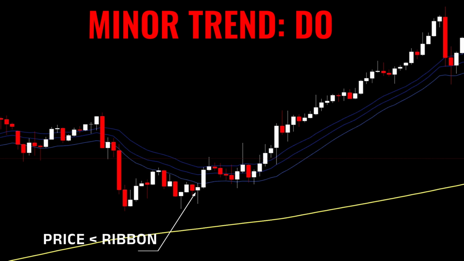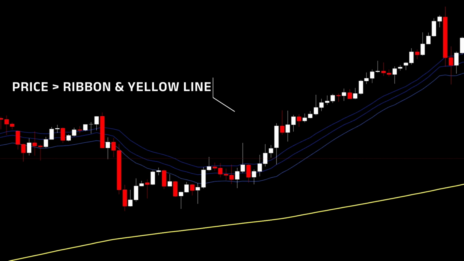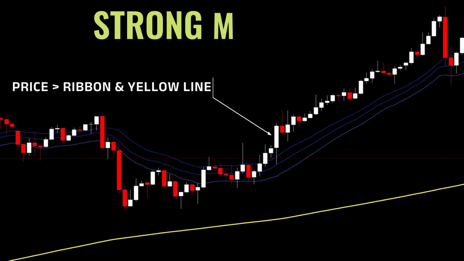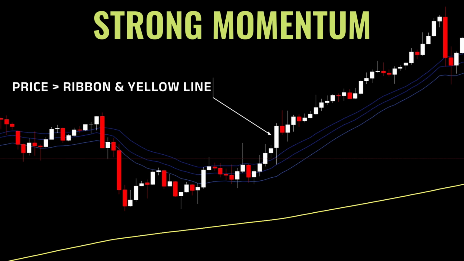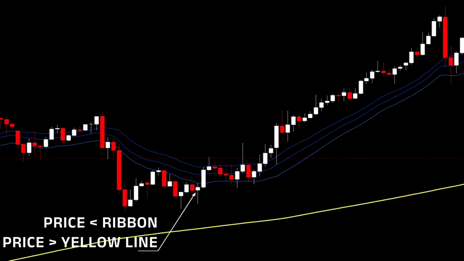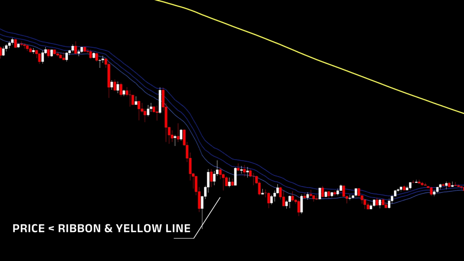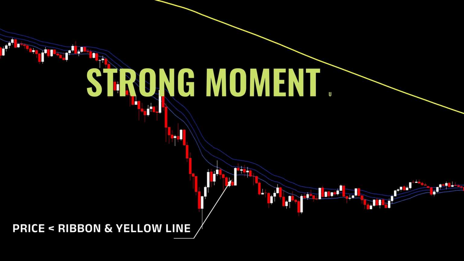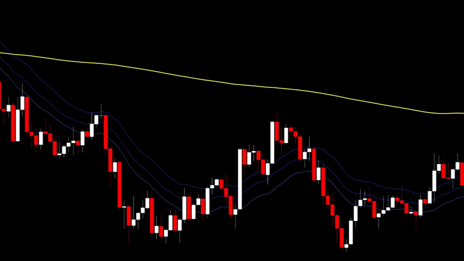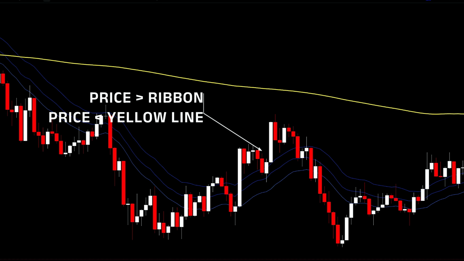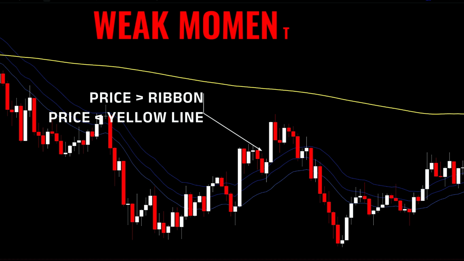Below, minor trend is down. So when both major and minor trends point up, momentum is strong. If major's up, minor is down, that means weak momentum. If both are down, a strong bearish momentum. And if the minor trend rises against a downtrend, it's usually a temporary pullback like you see here.